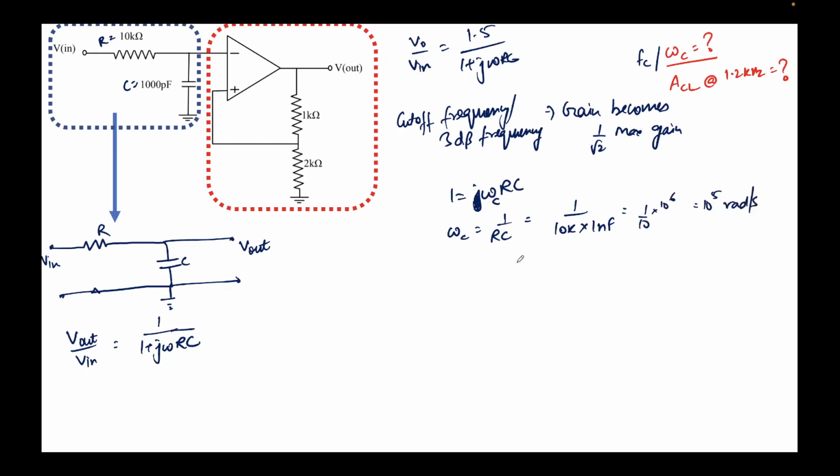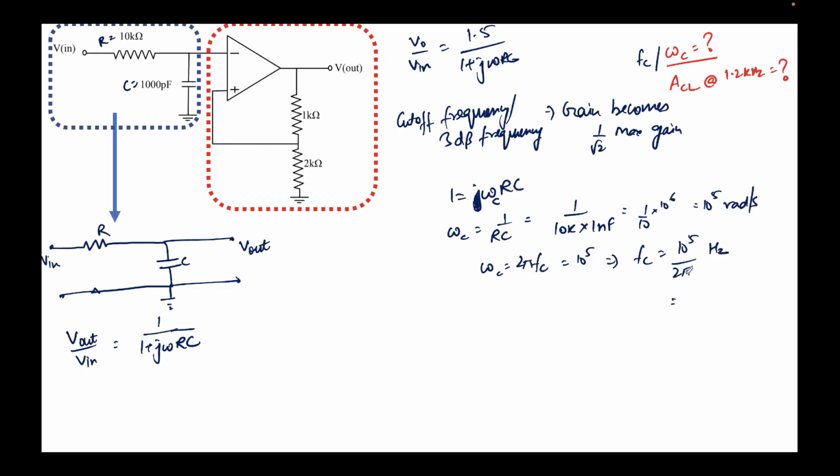But we were required in the question to find it in terms of hertz, so we'll write 2 pi fC, because omega C can be written as 2 pi fC, which is equal to 10 to the power 5. This will give me fC as 10 to the power 5 over 2 pi. Now note that the units here will become hertz. We plug in the values and get this expression.